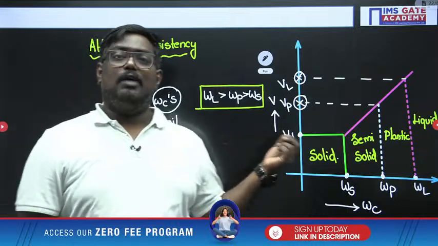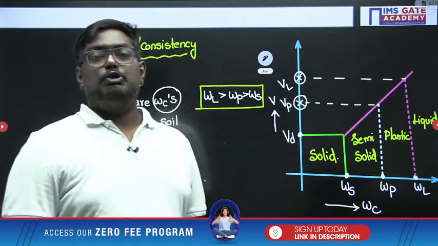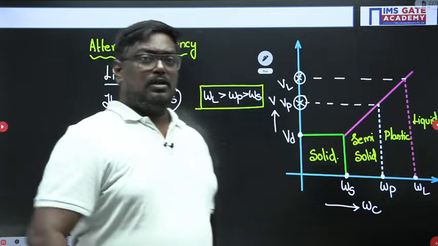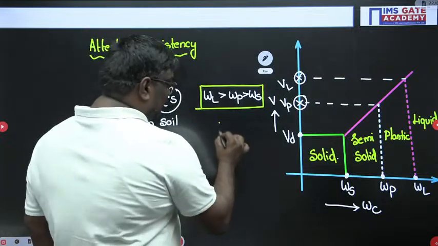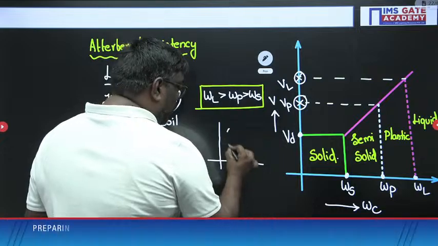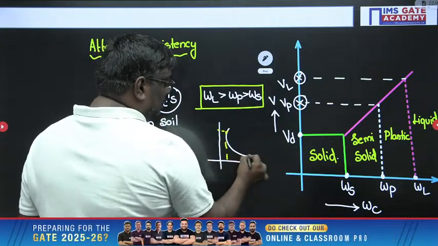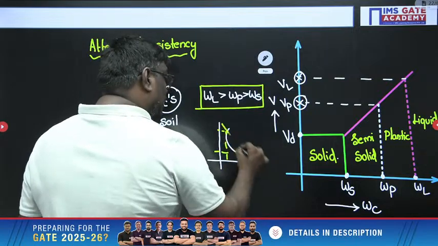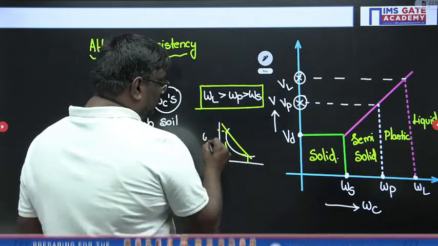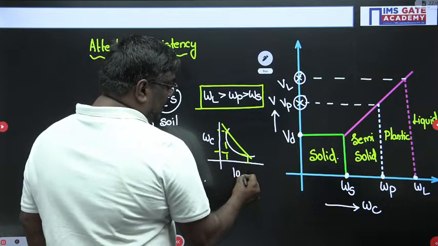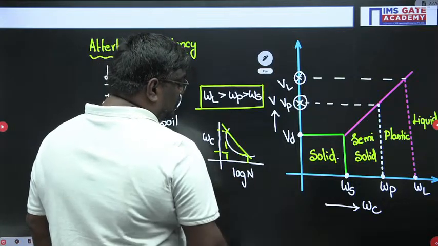Or we also have the flow curve. Flow curve gives you an idea about the shear strength. Remember, a flow curve is a graph drawn between water content and number of blows. To make it a straight line, I applied logarithm to the number of blows.